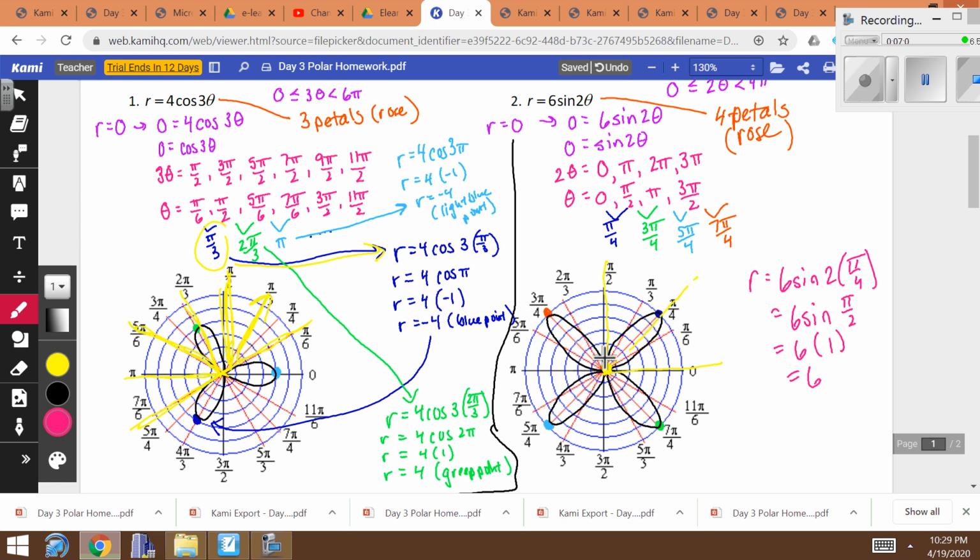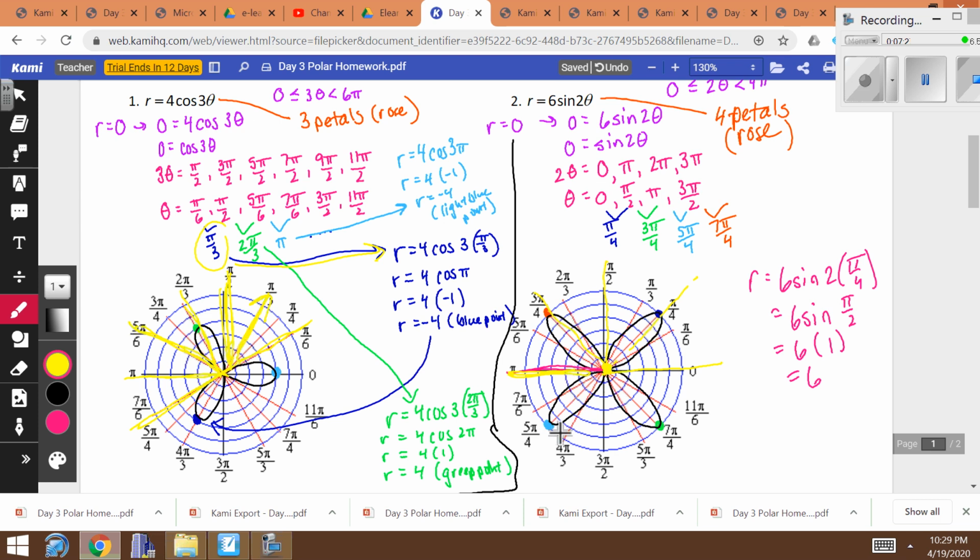Halfway between pi over 2 and pi is right here at 3 pi over 4. And again, if I substitute 3 pi over 4 back in, I'm going to get negative, so it's actually coming down to this point right here at the 7 pi over 4. If I do halfway between pi and 3 pi over 2, we're at 5 pi over 4.